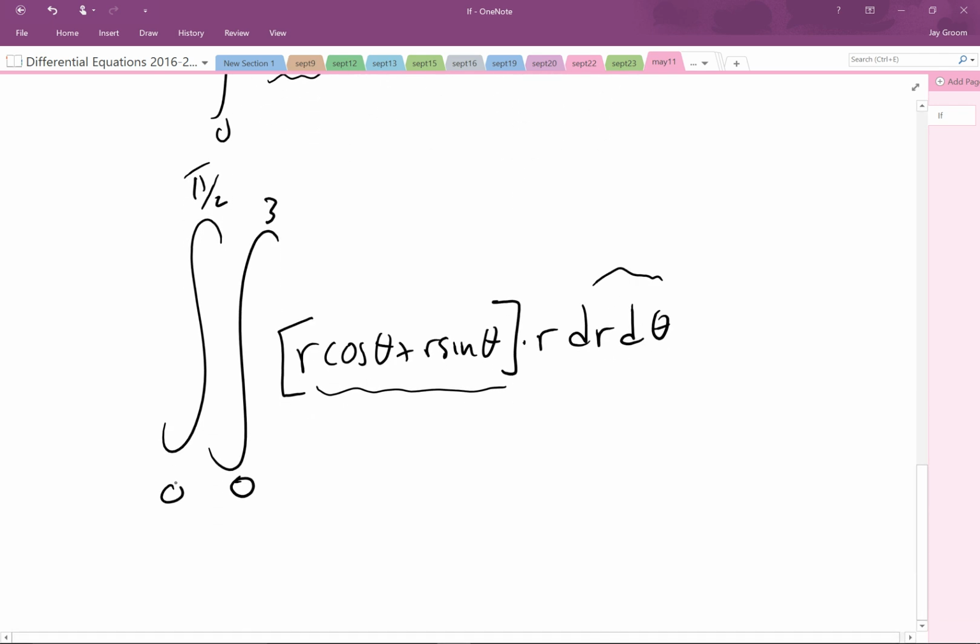Bam, done. Now, notice how one needn't touch one's calculator for this next step. Because what one could do is factor an r out of these two guys, get an r squared on the outside. And now with respect to one another, they're just constants.